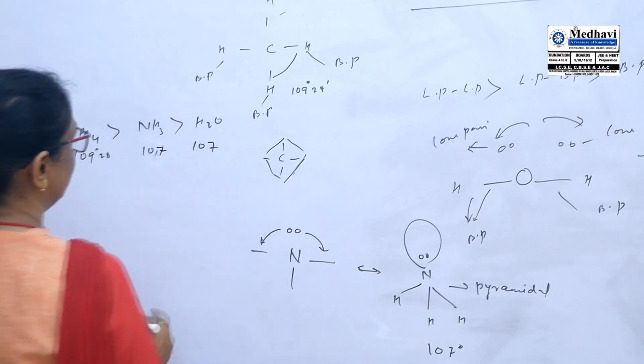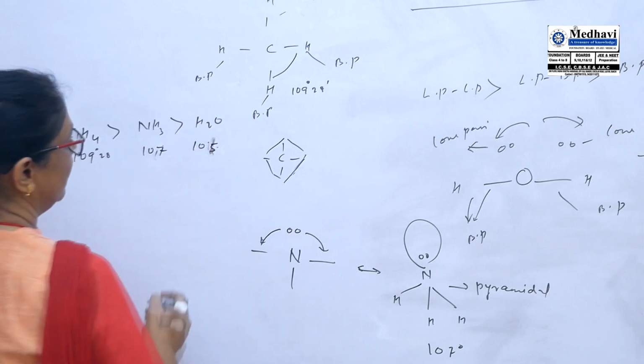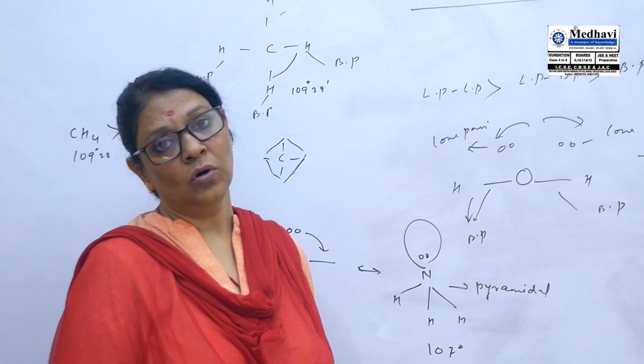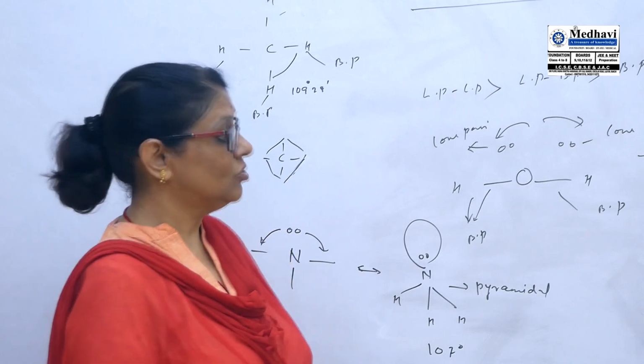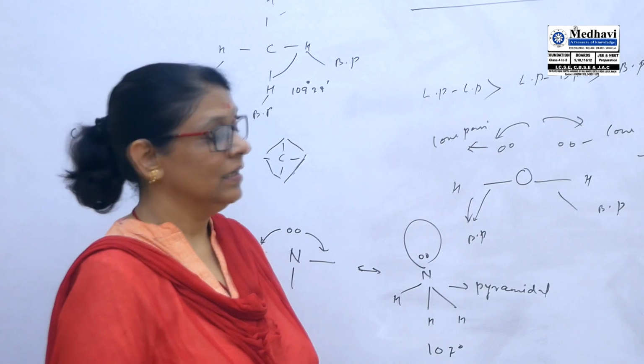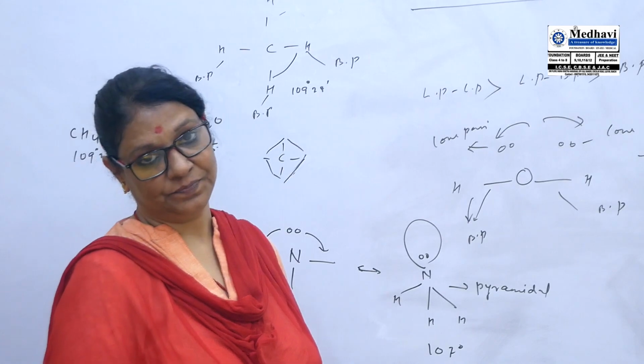This is all due to distortion of the shape. Water has maximum repulsion due to lone pair repulsion, so maximum distortion takes place in the compound and the shape has changed.